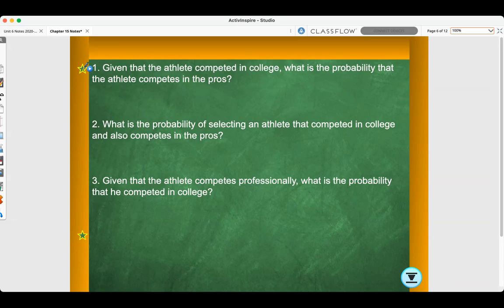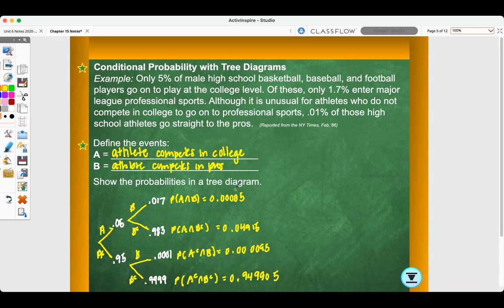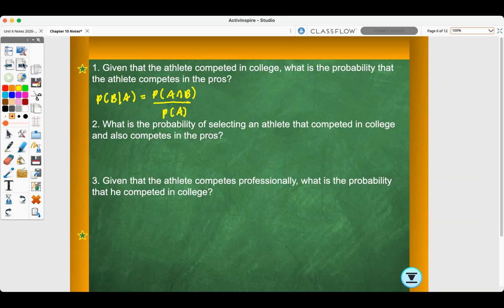Given that the athlete competed in college, what is the probability that the athlete competes in pros? So this would be the probability of B given A. So this would be the probability of A and B all over the probability of A. So we would go back to our tree diagram and use the probability of A and B that we found here, divided by the probability of A, which is right there.